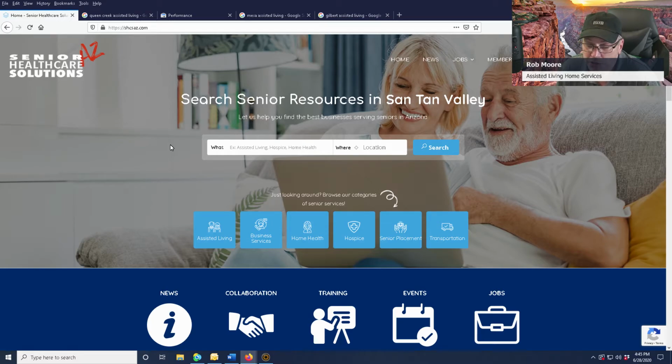So we want to do the same thing that Caring.com does, but we want to eliminate the placement fee. We get a robust website that resolves well on Google search, and that requires an investment. But once that consumer hits the Senior Healthcare Solutions website, it's direct content. So that's the concept. Voss and I are going to be talking about this more, and it's not just going to be assisted living.